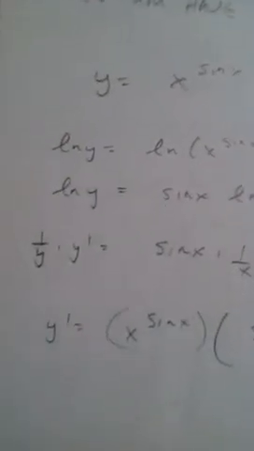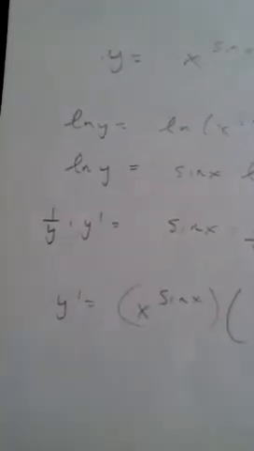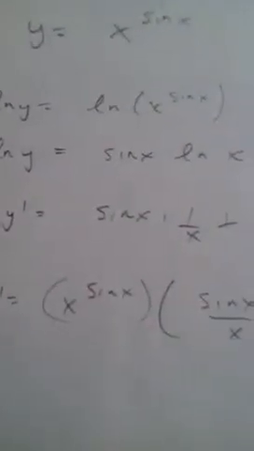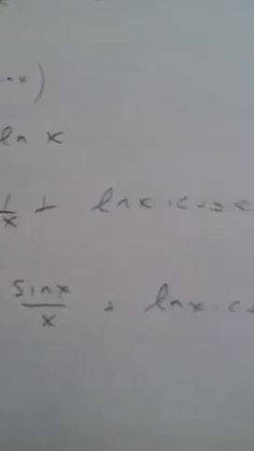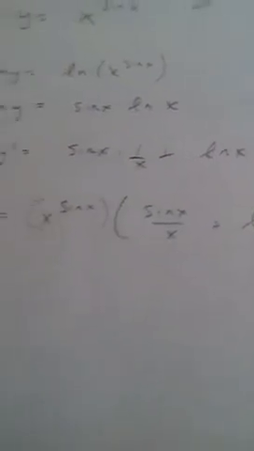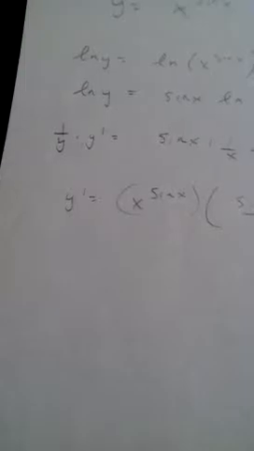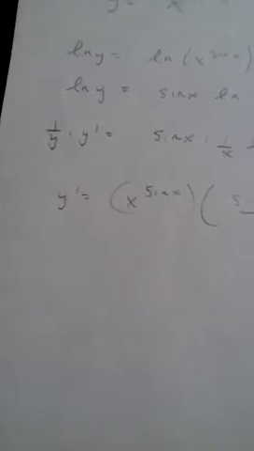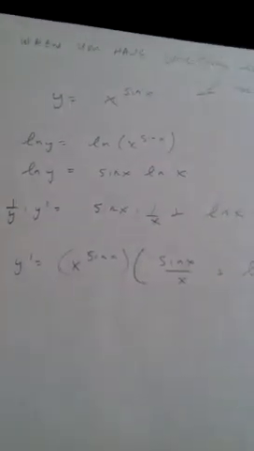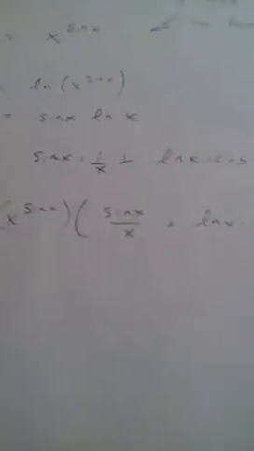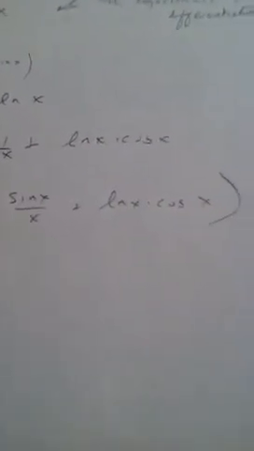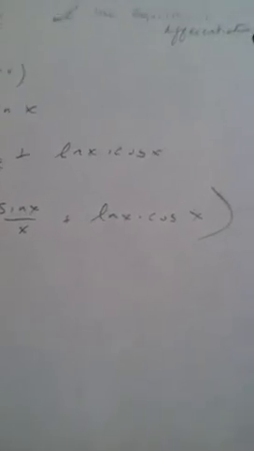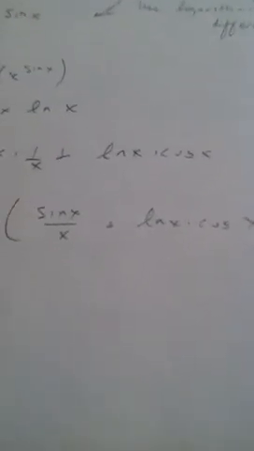And now I differentiate implicitly. 1 over y times y prime equals sine x times 1 over x plus ln of x times cosine x. So finally, y prime would be equal to y, which is x to the sine x, times sine x over x plus ln x cosine x. I hope I haven't put you to sleep.